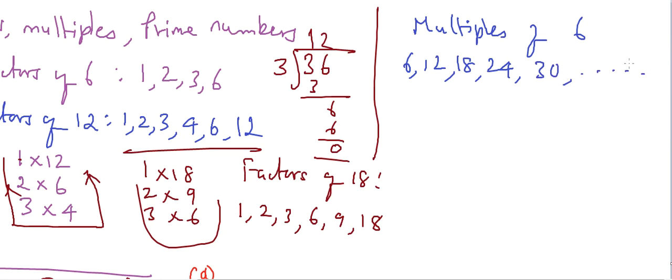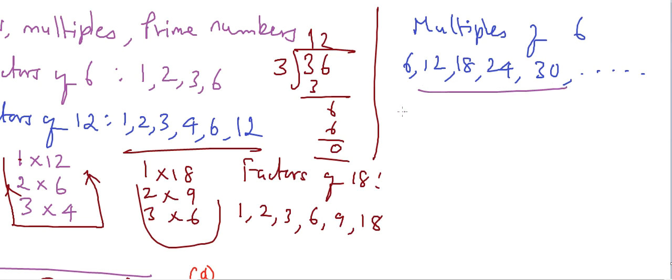So these are all multiples of 6. The smallest multiple of 6 is 6, the number itself, and the largest multiple of any number is undefined. It's infinity.